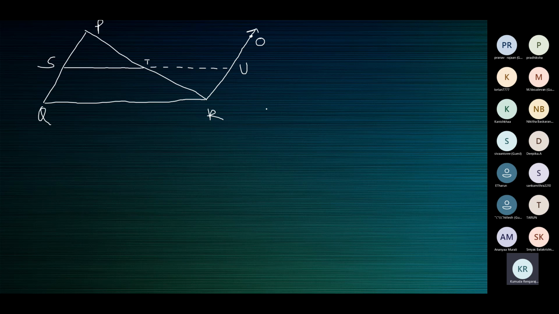In order to prove that QS is equal to RU, note QS is not part of any triangle, but PS can represent QS because PS is equal to QS.